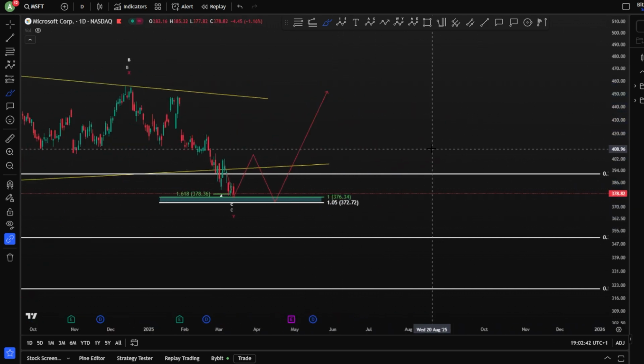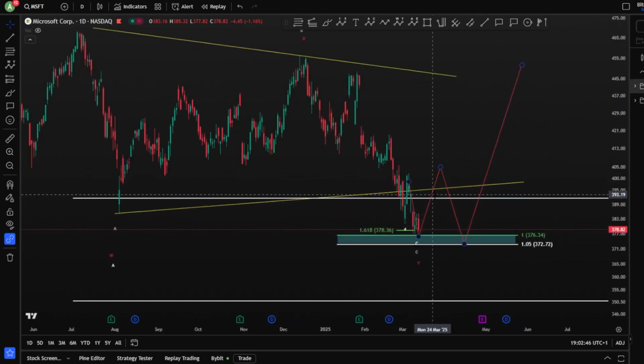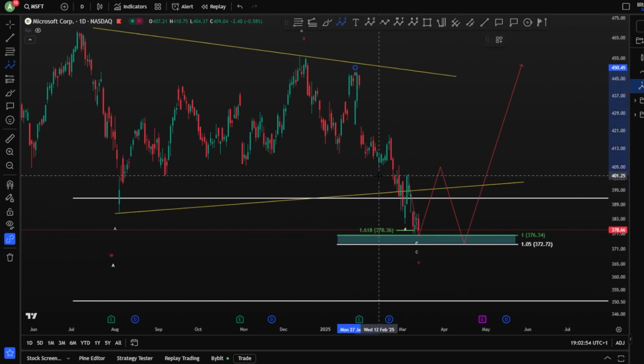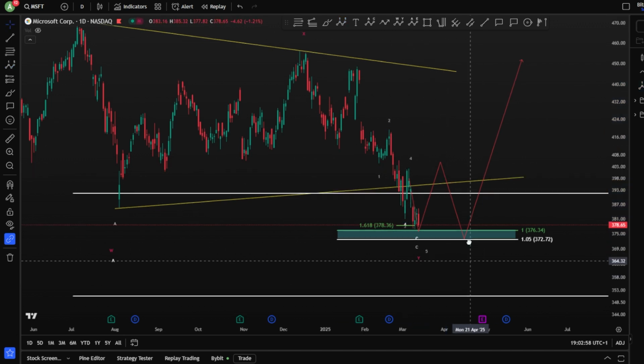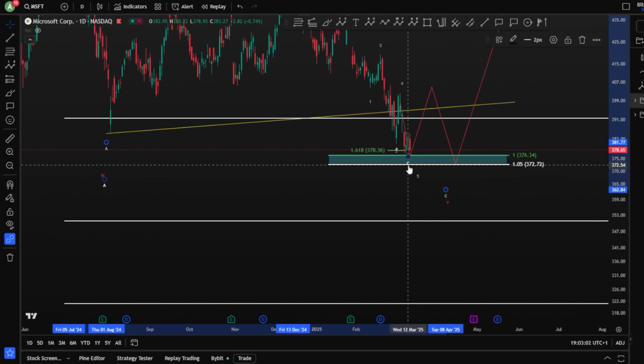That is a very nice indication that we have hit the wave 3 here in 5 waves: 1, 2, 3, 4, and a 5. So if we want to label this, we can label them 1, 2, 3, 4, and a 5, meaning we still have potential low here to achieve.